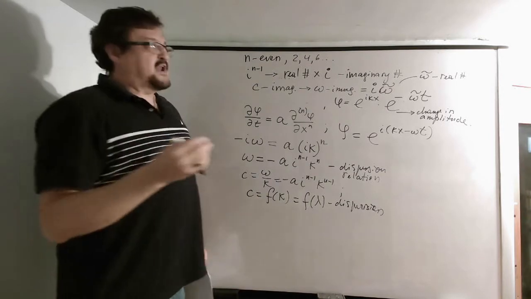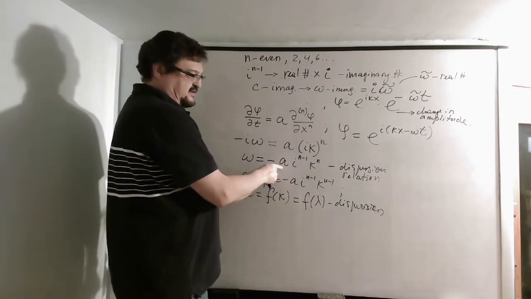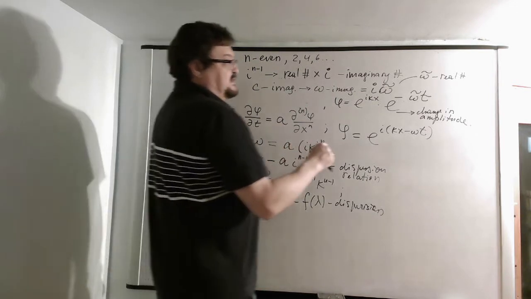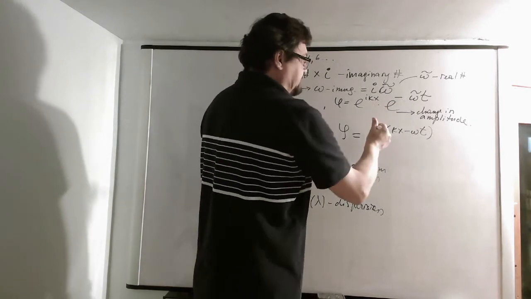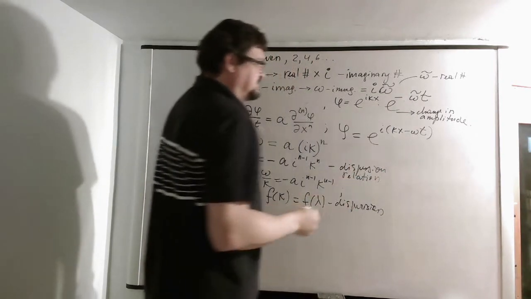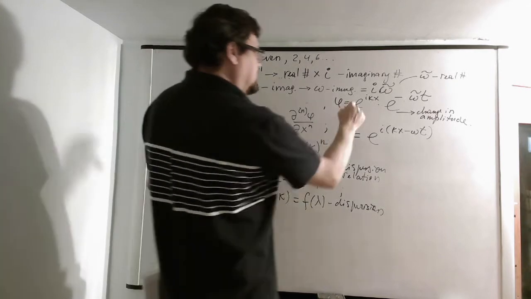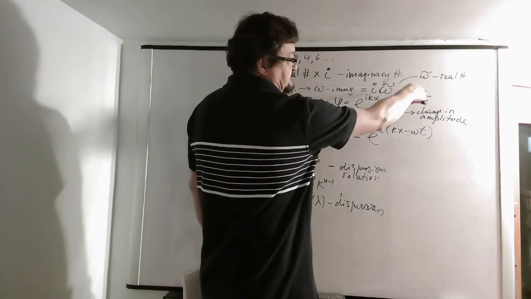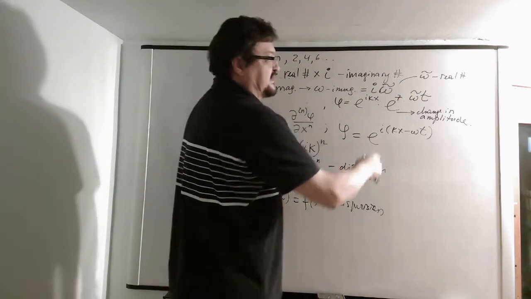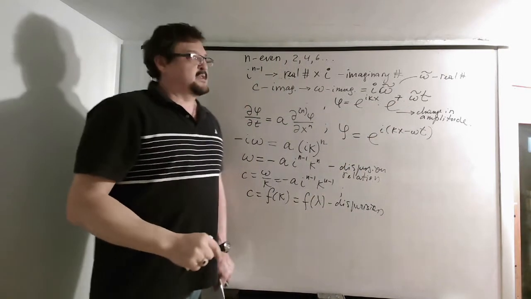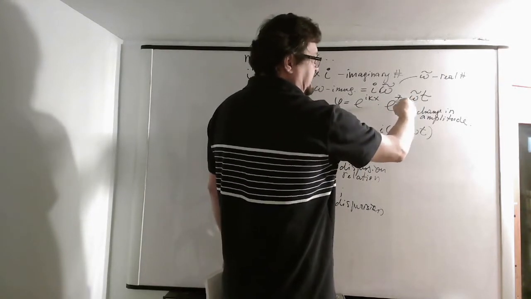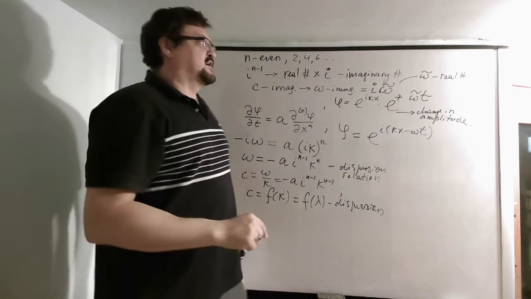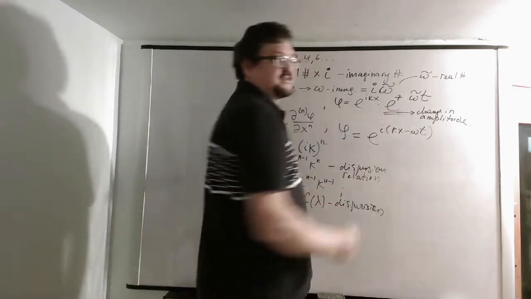Depending on the value of omega tilde, which depends on this coefficient, since k is a positive number, this exponent will either decrease or increase with time. If omega tilde is negative in the decay sense, the exponent decreases with time, and if it is positive, it will increase with time. And this is the term that's causing instability.